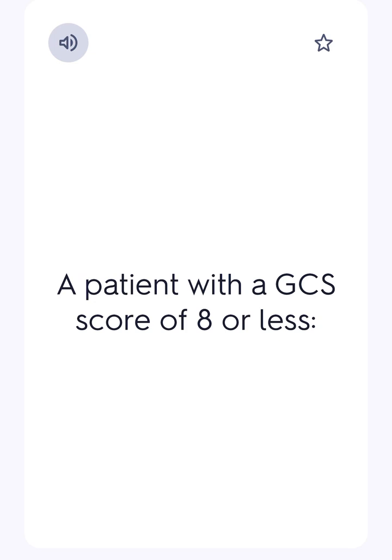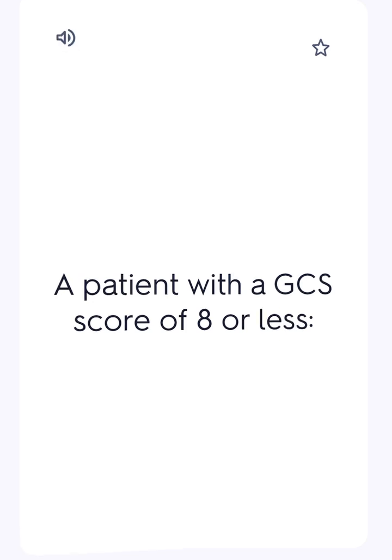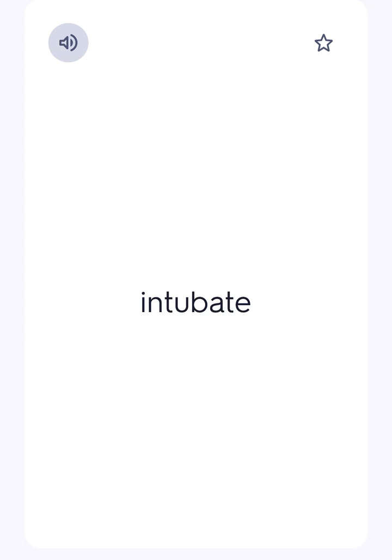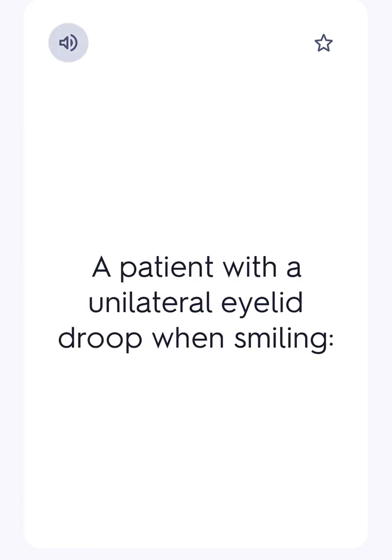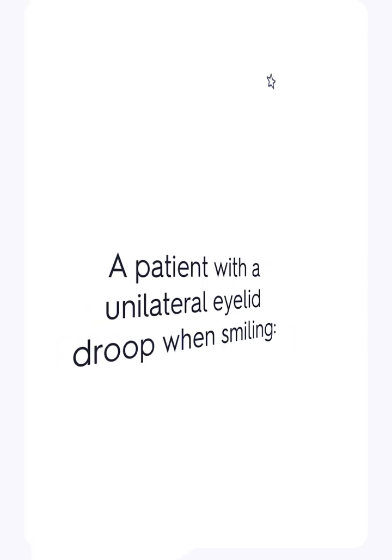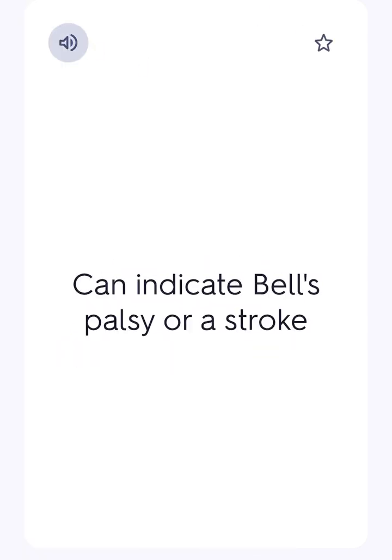A patient with a GCS score of 8 or less: intubate. A patient with a unilateral eyelid droop when smiling can indicate Bell's palsy or a stroke.